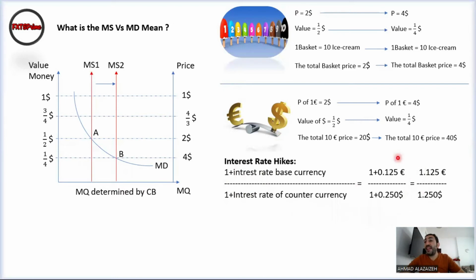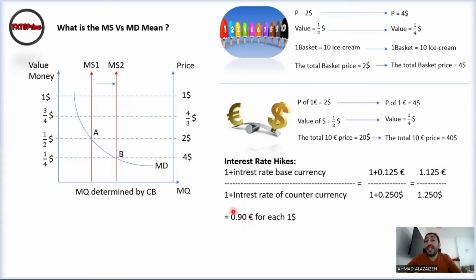Now here are real numbers. This is the interest rate for the euro, and this is the interest rate for the dollar. So 1 plus the interest rate of the euro is equal to 1.25 euro, divided by 1 plus 0.250 US dollar, and the result of this calculation will be €90 for each dollar.